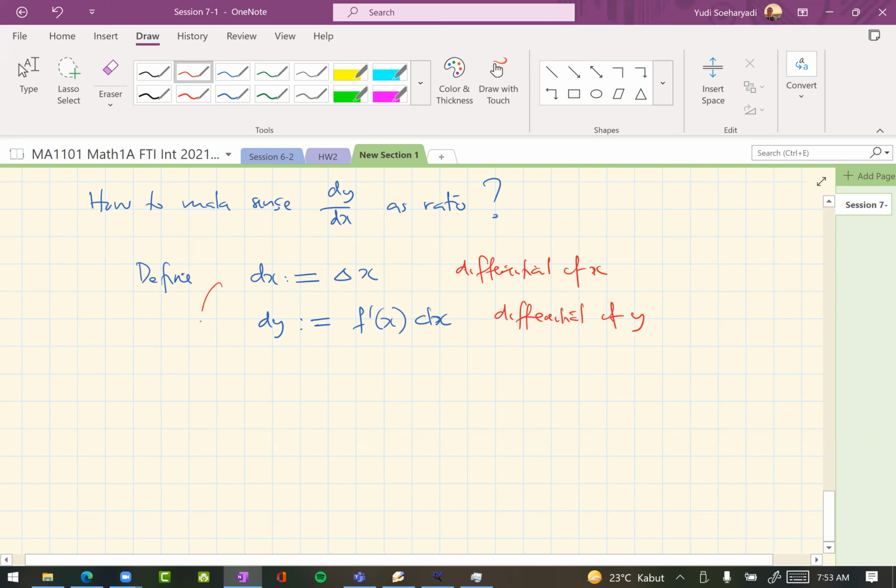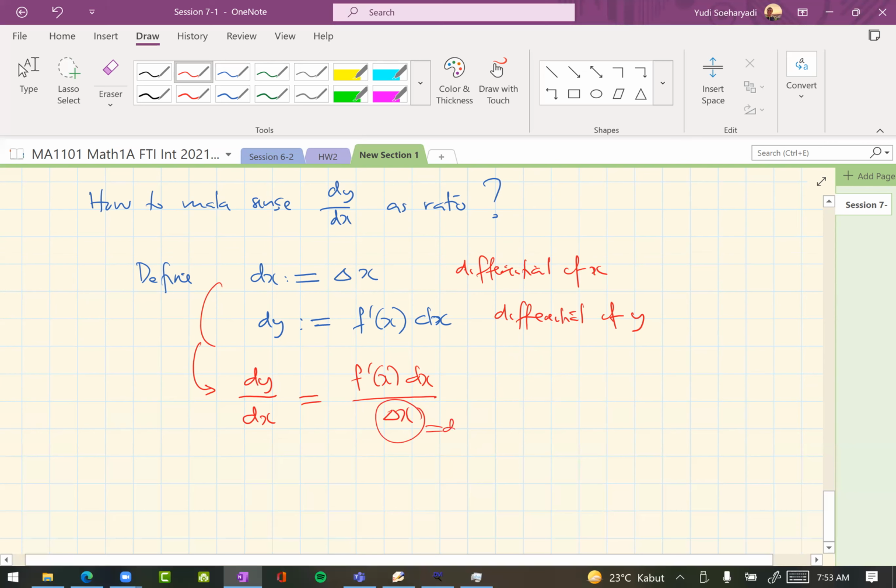Okay, so if we have this, then let's see what happens. We can now just compute dy over dx, really. So this is just a ratio now, what you get here, but because this is equal to dx, that's what you get: the derivative.